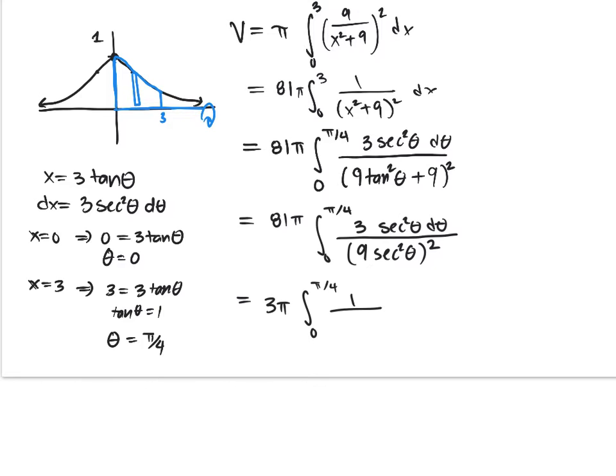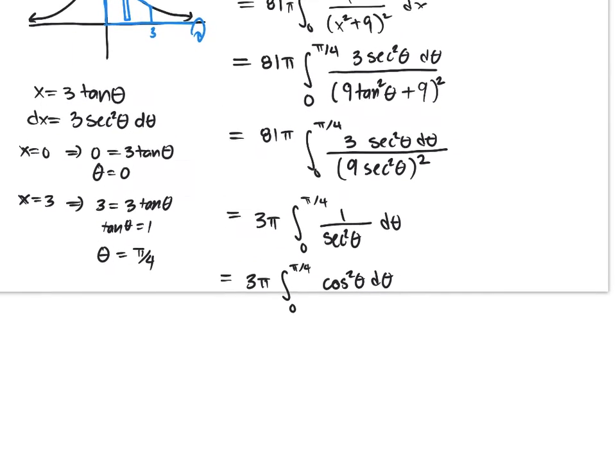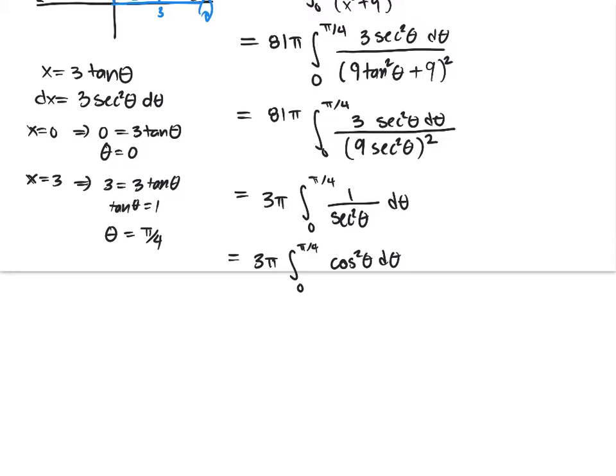Bottom, and there's 2. Okay, well, 1 over secant squared, what does that make? Cosine squared. And the identity just keeps coming back to bite you in the butt, doesn't it? Can't run away from it.